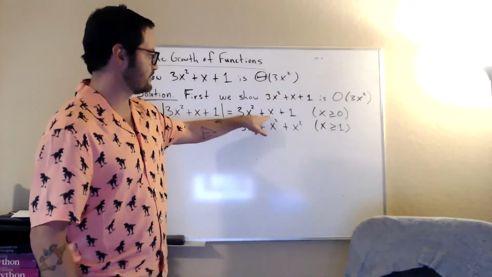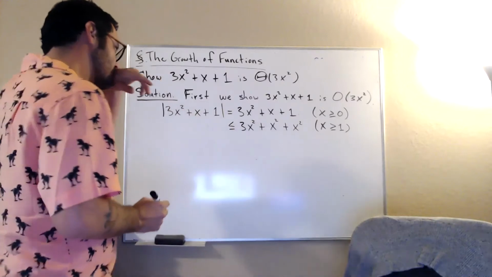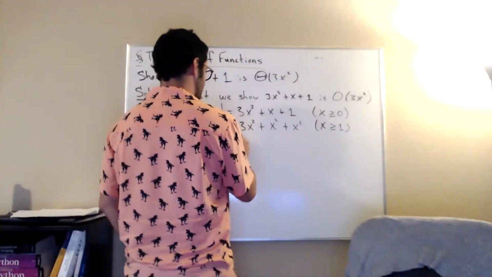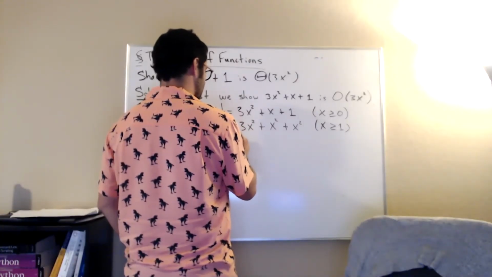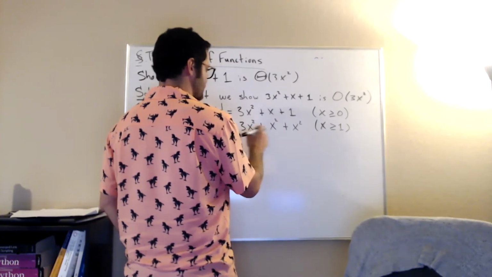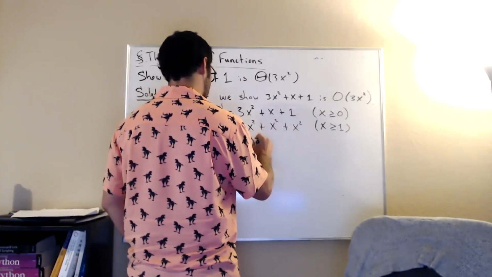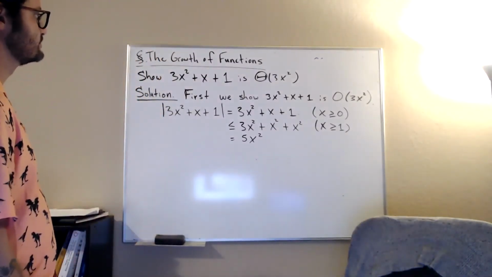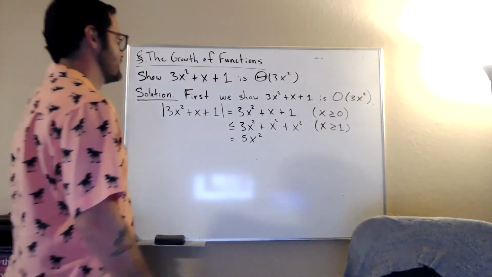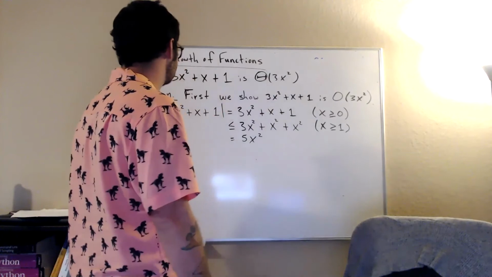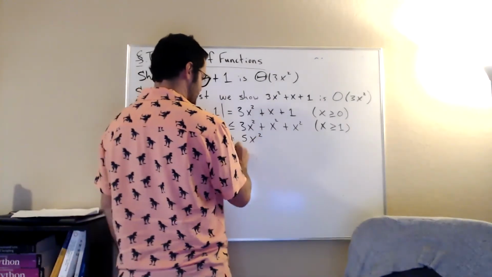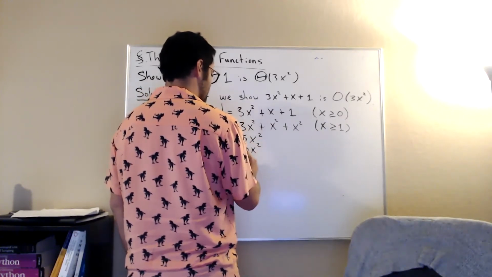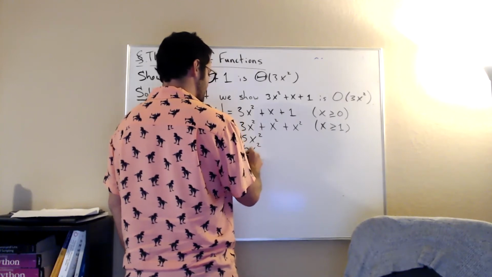So that term is larger than that one, that term is larger than that one. Okay. So this is equal to 3, 4, 5, like that. I don't know why they put a 3 there, but I can go ahead and say that this is less than or equal to 6x squared, which is equal to 2 times 3x squared.